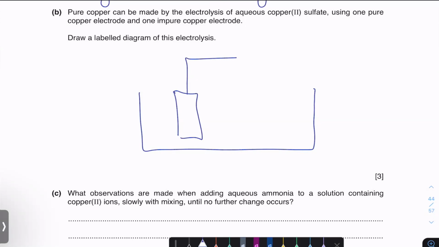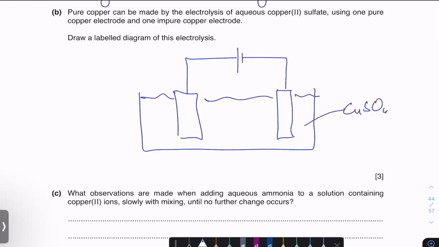So anode is positive, cathode is negative. So we'll say you have copper sulfate solution, you have pure copper here, you have impure copper here, and that is how we can clearly do this.